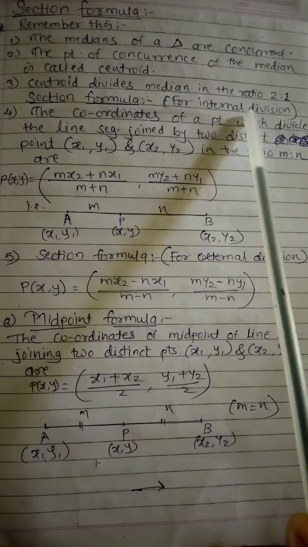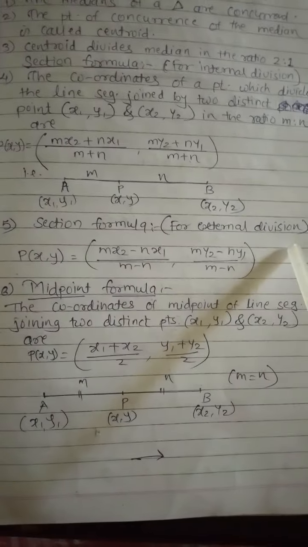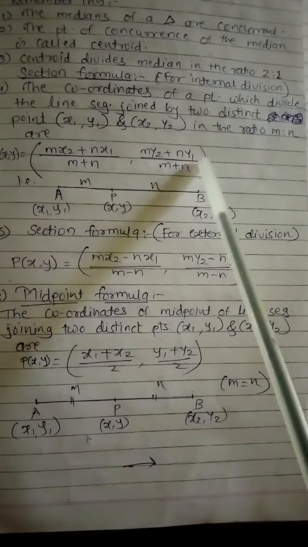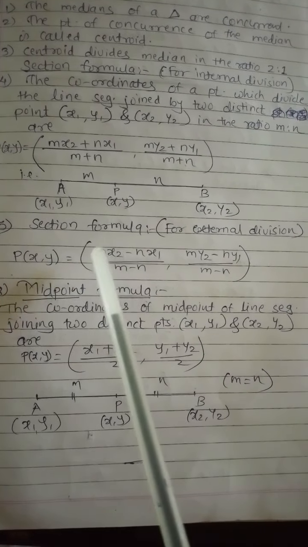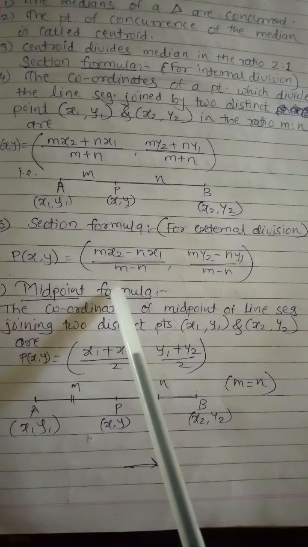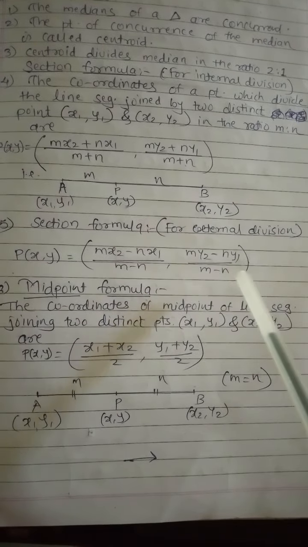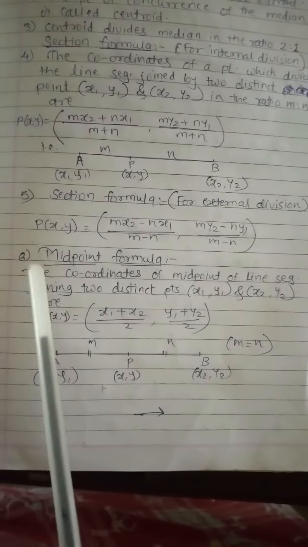This is the formula for internal division. The section formula for external division is the same, with only a change in sign. That is, for external division the formula is (mx2 - nx1) upon (m - n) and (my2 - ny1) upon (m - n).